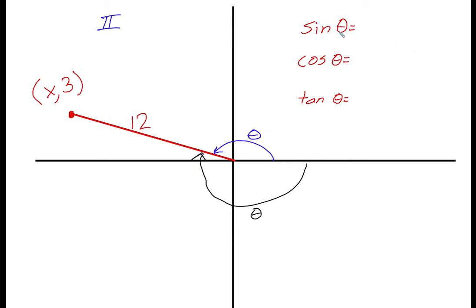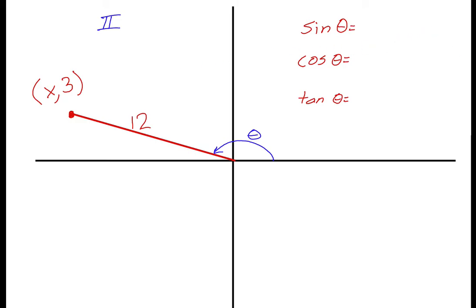They're going to have the same sine, same cosine, and same tangent because x, y, and r are going to be the same values for all the angles. So we'll just focus on the blue angle here that goes from the positive x-axis counterclockwise and stops when it gets to the terminal side of the angle.